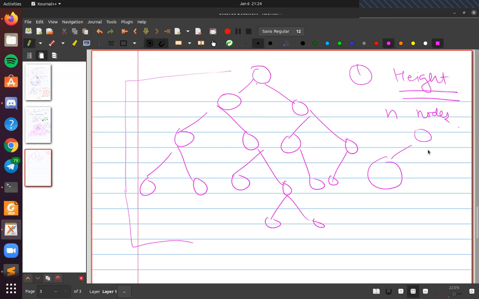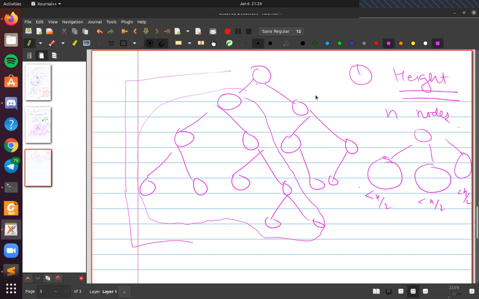Then what did I do? By the definition of centroid, all the subtrees contain less than n by 2 elements. So since this is the centroid, all the subtrees will contain less than n by 2 elements.